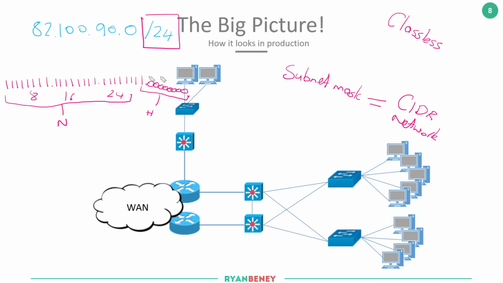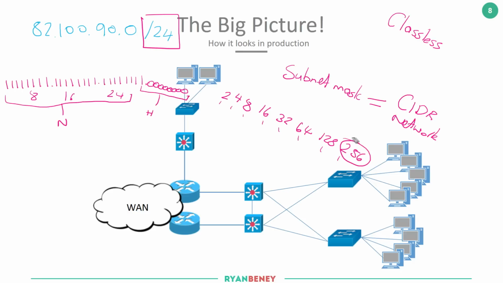So by default, without any subnetting, how big is the network that we've been given from our supplier? Again, we use that formula, which is 2 to the n minus 2, where n is the amount of bits that are turned off. So there are 8 bits turned off, which means it's 2, 4, 8, 16, 32, 64, 128, 256. 2 to the power of how many bits turned off is 256.